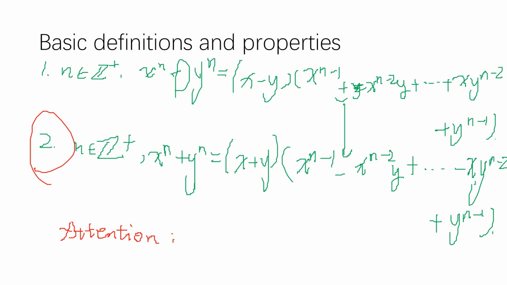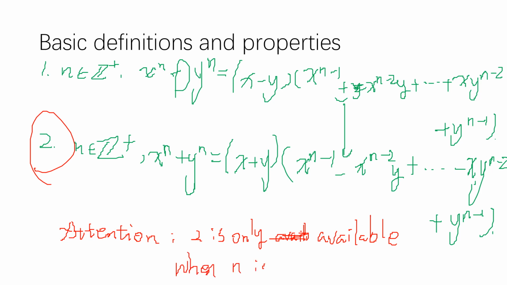When it is an even number, it is unavailable. Okay, understand?